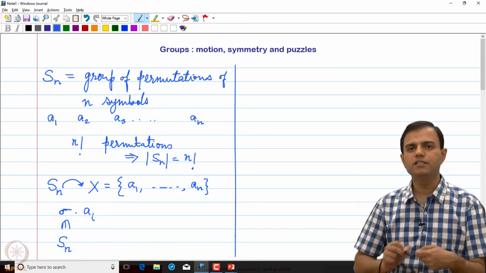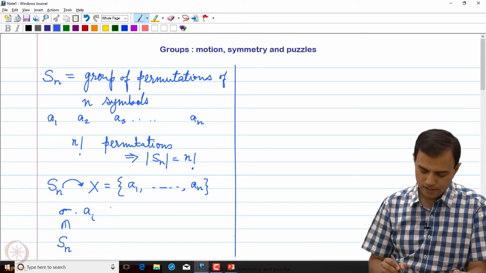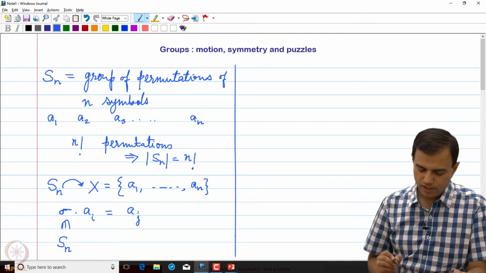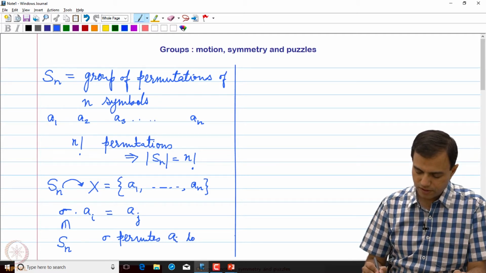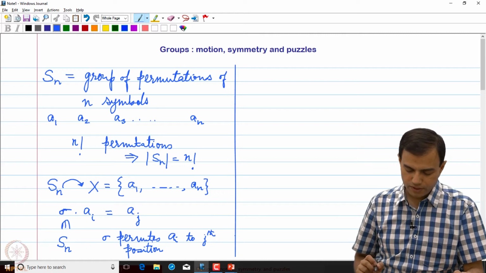So sigma must be changing the position of Ai. It may be moving it to the jth place or whatever place, so I take it to be Aj. That is, sigma has the property that sigma permutes the ith element to the jth position. So that's how the permutation group acts.